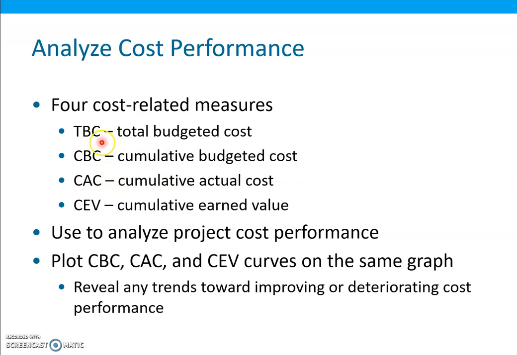Total budgeted cost will be for the whole 6 weeks project. The cumulative actual cost is likewise what was actually spent, and cumulative earned value is the value of the work performed up to that point in time.